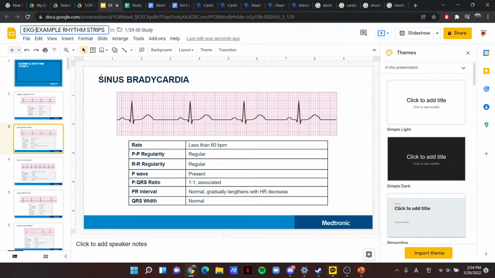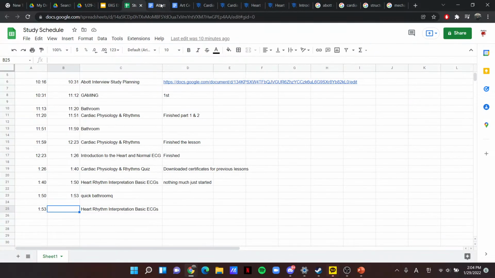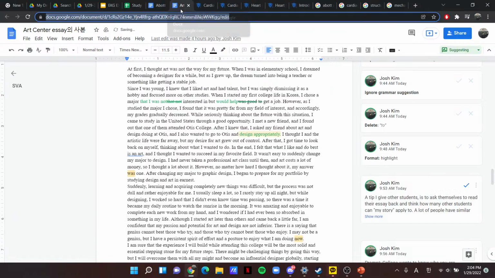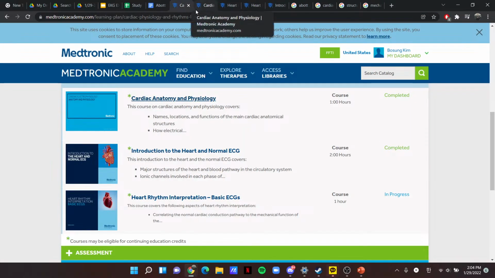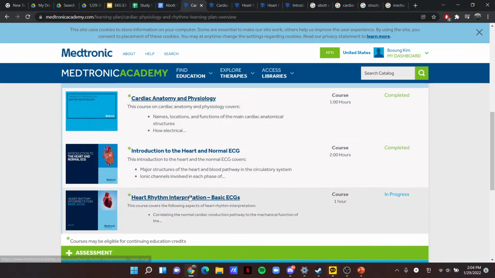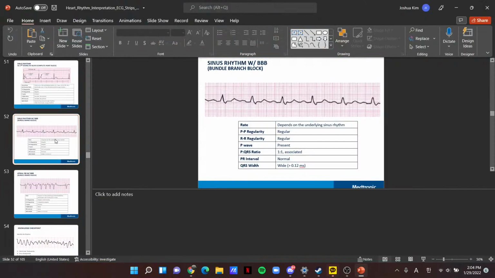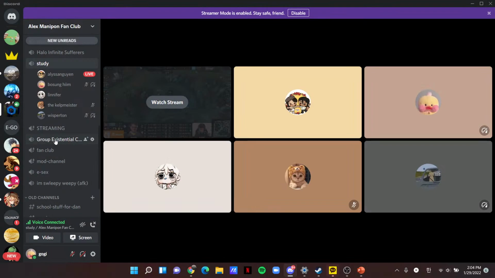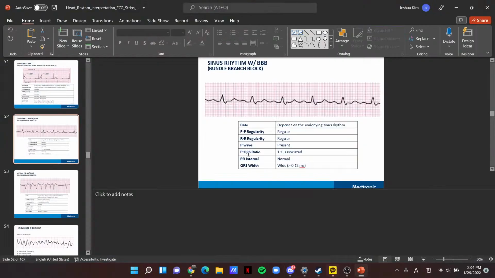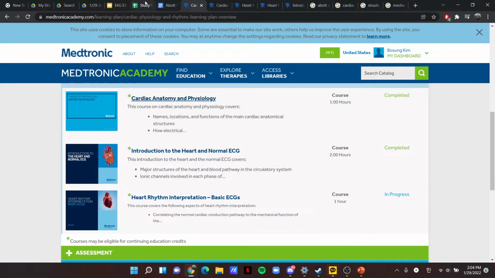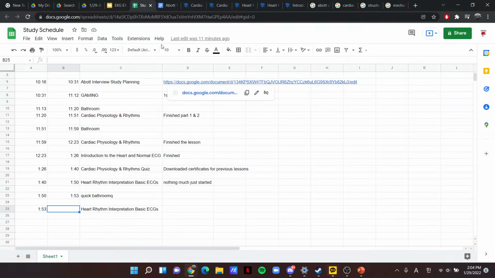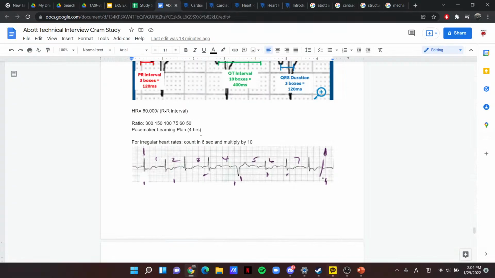EKG example strips. This one, I'm getting slowing down.